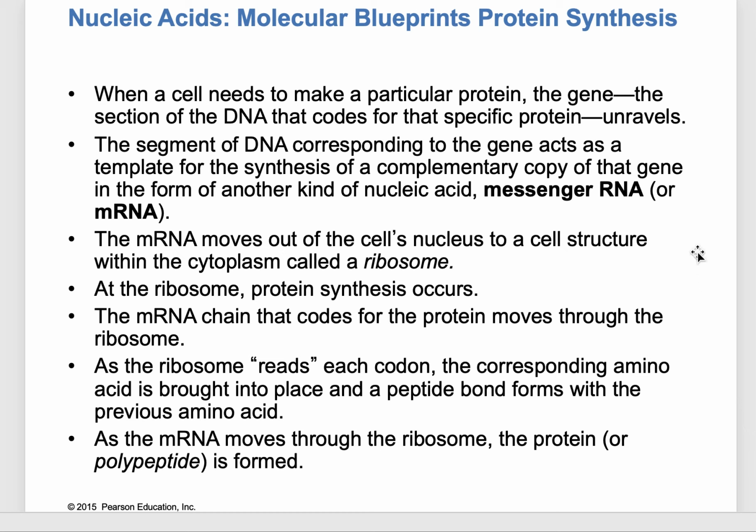Okay, the first thing is the transcription of RNA, messenger RNA. When there's a need for that protein, the gene will be activated. When the gene is activated, that's a segment of DNA, the messenger RNA is synthesized.